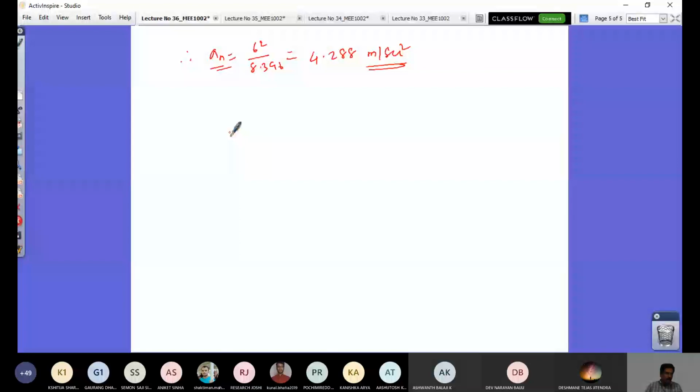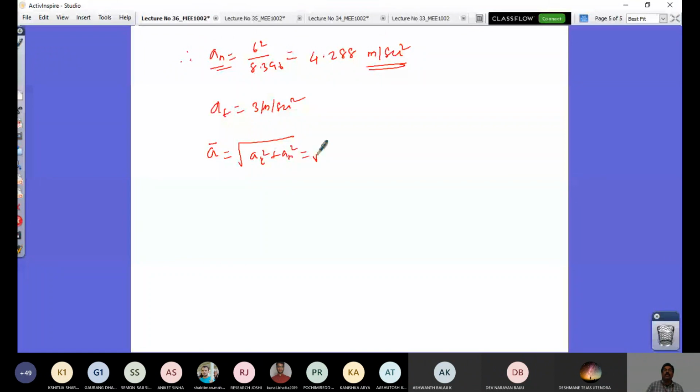So this is my AN component. AT component is given, that's increasing at the rate of 3 meters per second square. Therefore, my A vector would be the square root of AT squared plus AN squared.